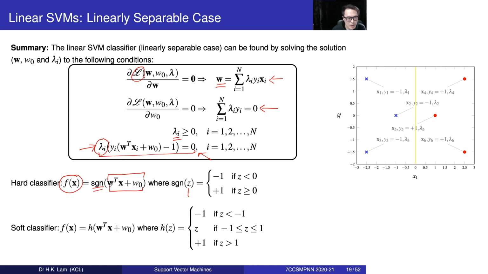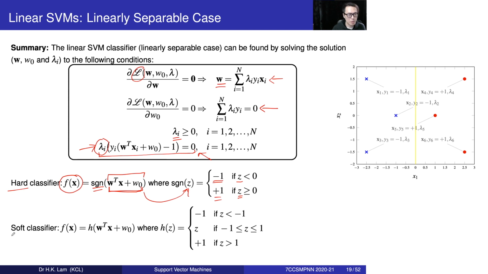If Wx plus W0, that is z, is less than 0, it returns -1. If z is greater than 0, it is +1. That means no matter what, when we input a sample x, this hard classifier will give us either +1 or -1, either class 1 or class 2.